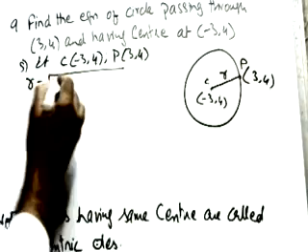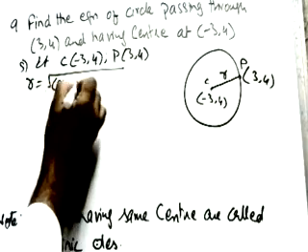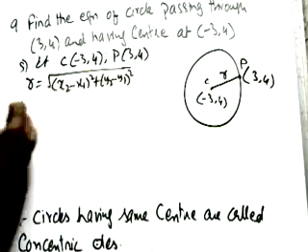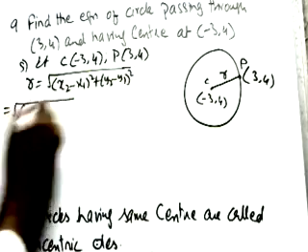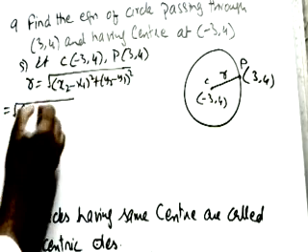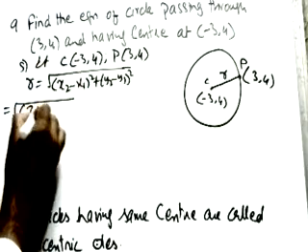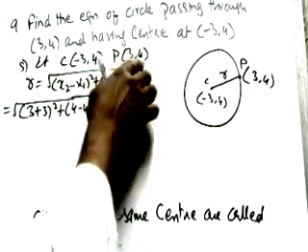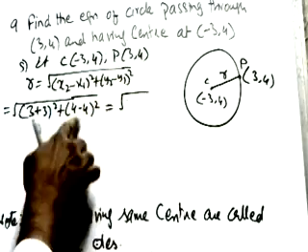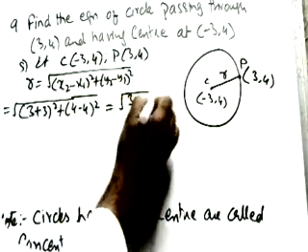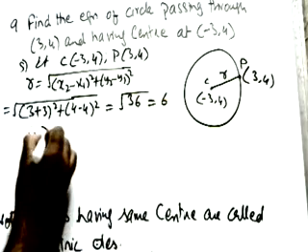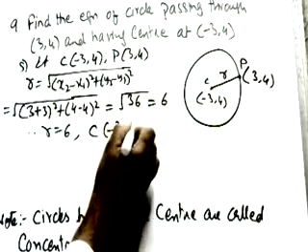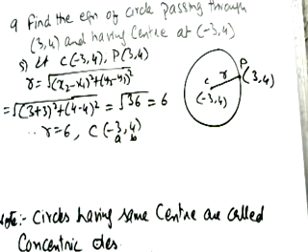Distance between the 2 points, center and point, is the radius. So this will be under root of x2 minus x1 whole square plus y2 minus y1 whole square. So this will be under root of x2 is 3 minus x1, minus of minus 3 is plus 3, whole square, plus y2 minus y1 whole square, 4 minus 4 whole square. So this is 0. 3 plus 3 is 6, square 36, root 6. Now therefore we got radius as 6 and center we have is minus 3 comma 4.